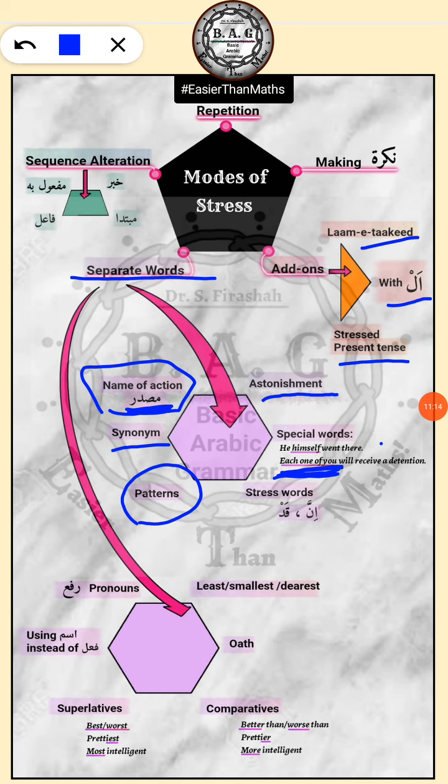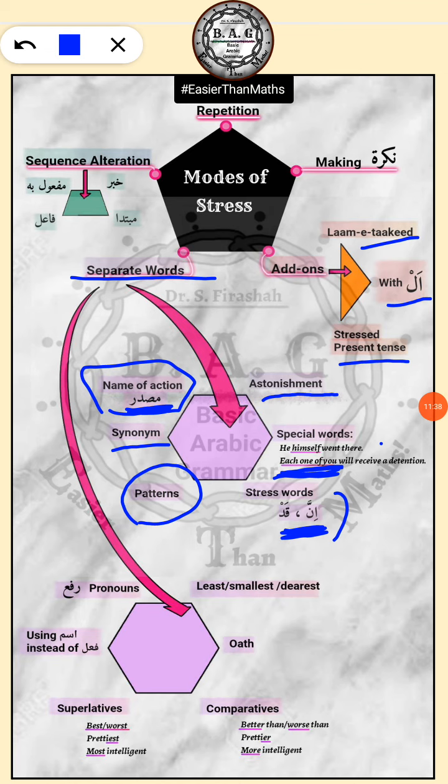Then you've got separate stress words such as inna, qad, innama, and all these things. These are just two examples out of many examples. We have already done inna and we have done innama as well, and we did that in huruf an-nasab in lesson 3 in section B. So we have already covered this.